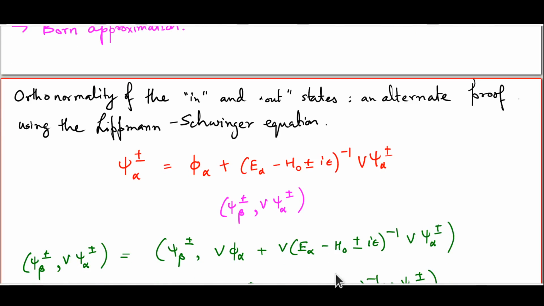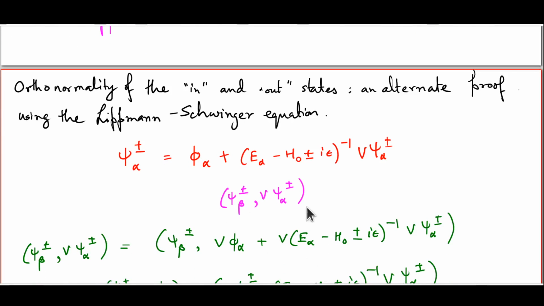First, let's try to evaluate this quantity by replacing psi alpha plus minus on the right here by this expression. So we get the inner product of psi beta plus minus with V phi alpha, that's of course V acting on this, plus V (E alpha minus H0 plus minus i epsilon) inverse V psi alpha plus minus.